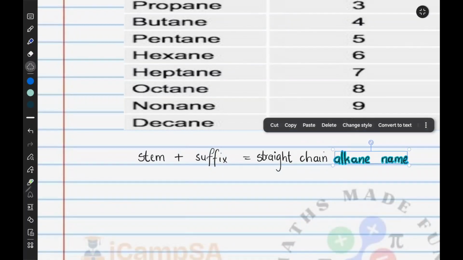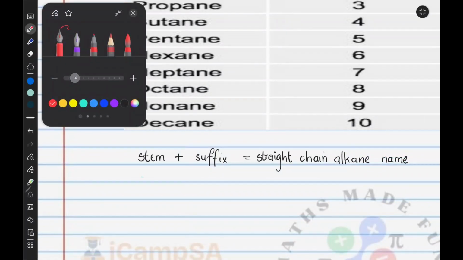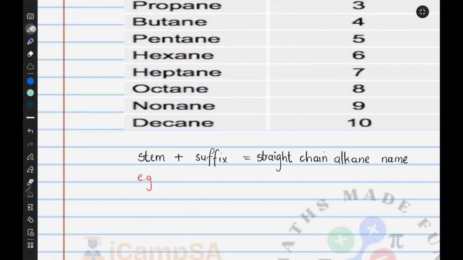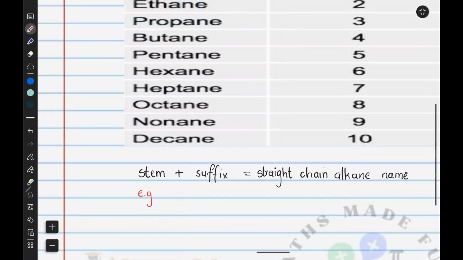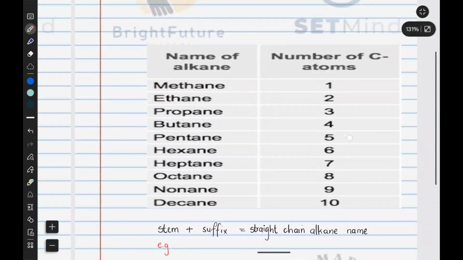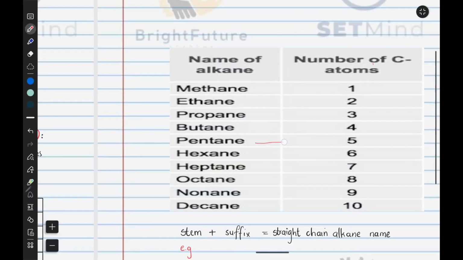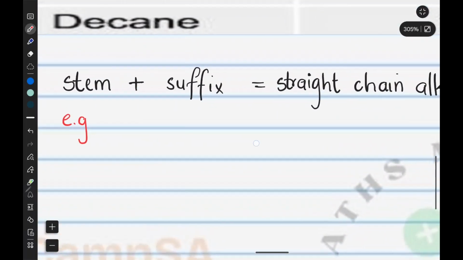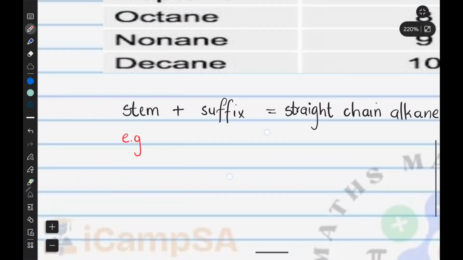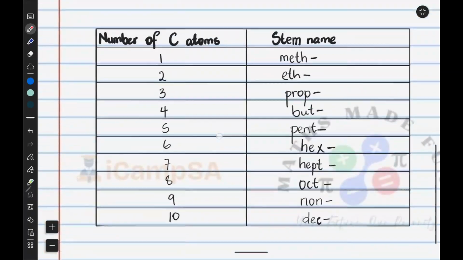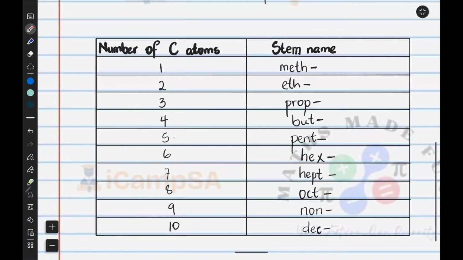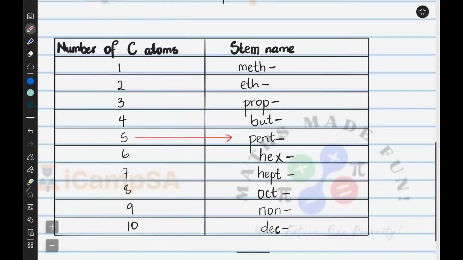As an example, let's take pentane. Pentane has 5 carbon atoms. You see here, number of carbon atoms, it's 5. Therefore the stem, if you remember, we said any organic compound that has 5 carbon atoms in its continuous chain is called pent.